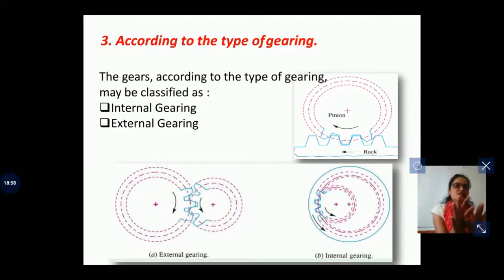External gearing means when the teeth of the gears meet with each other externally, so it is called external gearing. In case of external gearing, the gears are rotated in opposite direction to each other. Here in figure A, you can easily see the direction of one gear is clockwise, another gear is anti-clockwise. Due to external gearing, they are rotated in opposite ways.